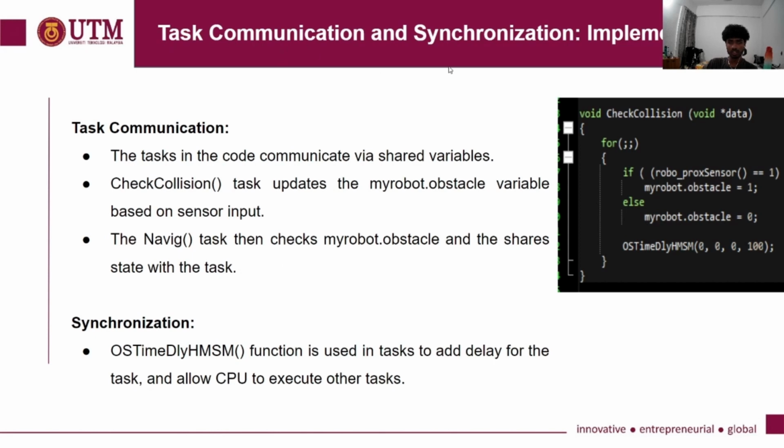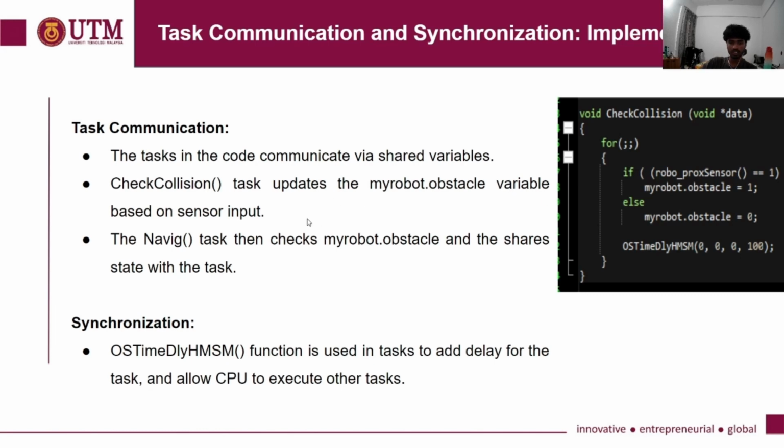Next, for task communication and synchronization. For task communication, the code communicates via shared variables. In the check collision function, for example, we can see the task updates the variable my robot obstacle based on the sensor input from the proximity sensor.